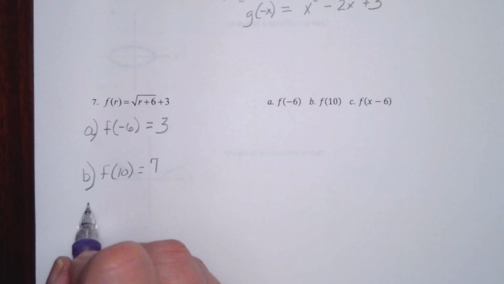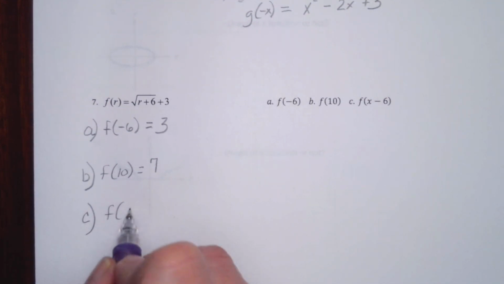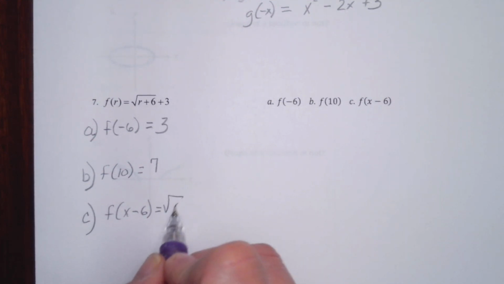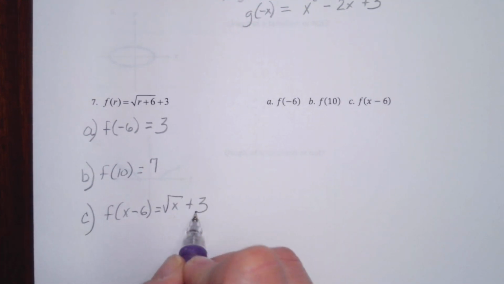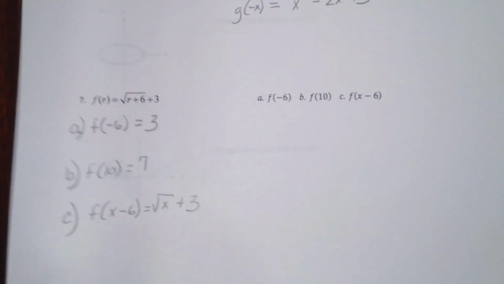And then for C, for f of x minus 6, you should have gotten the square root of x plus 3. If you did not, you can ask me in class.